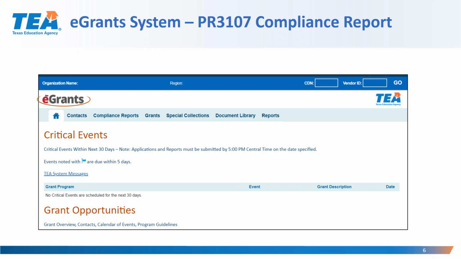This is a screenshot of the eGrants system where you may find the PR 3107 Compliance Report.